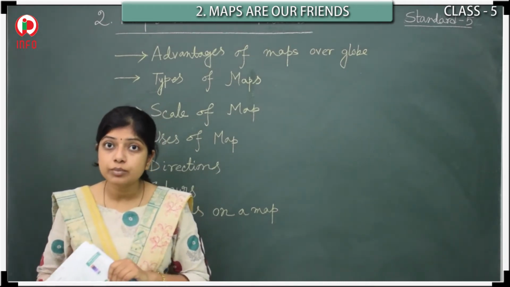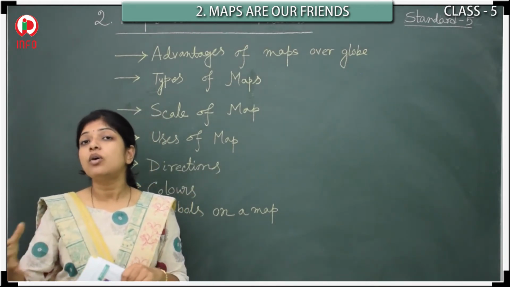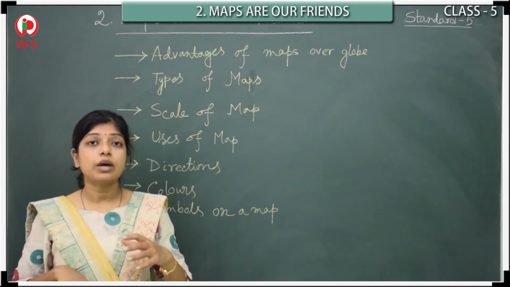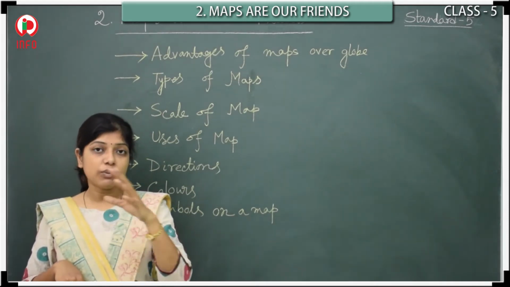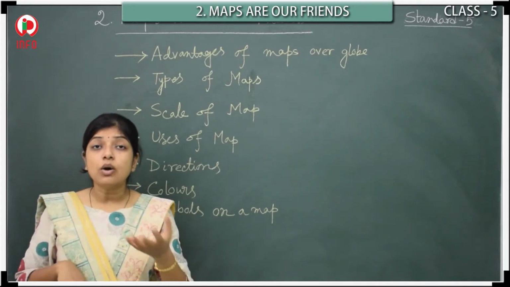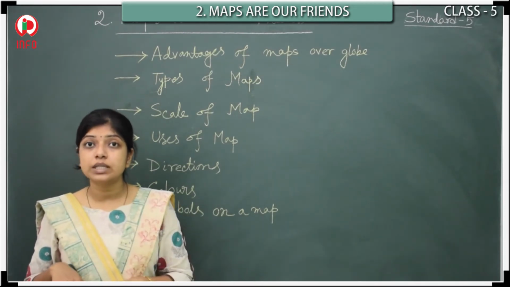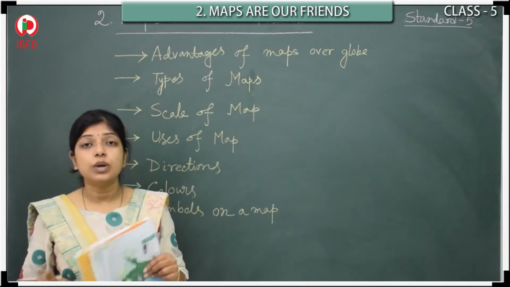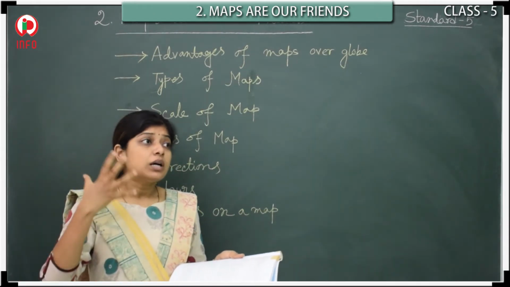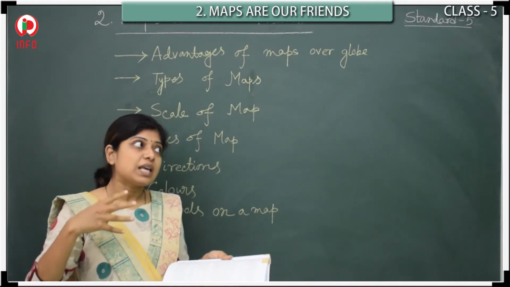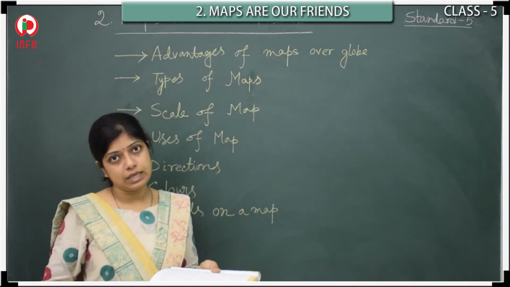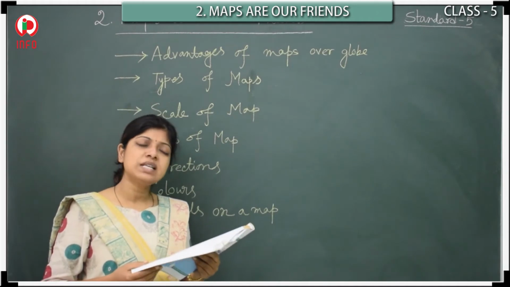You also should know where all the rivers are located, where all places are located, and in our country different states are there, where their capitals are located. You have to know. This is helping. If you see them visually, what happens?